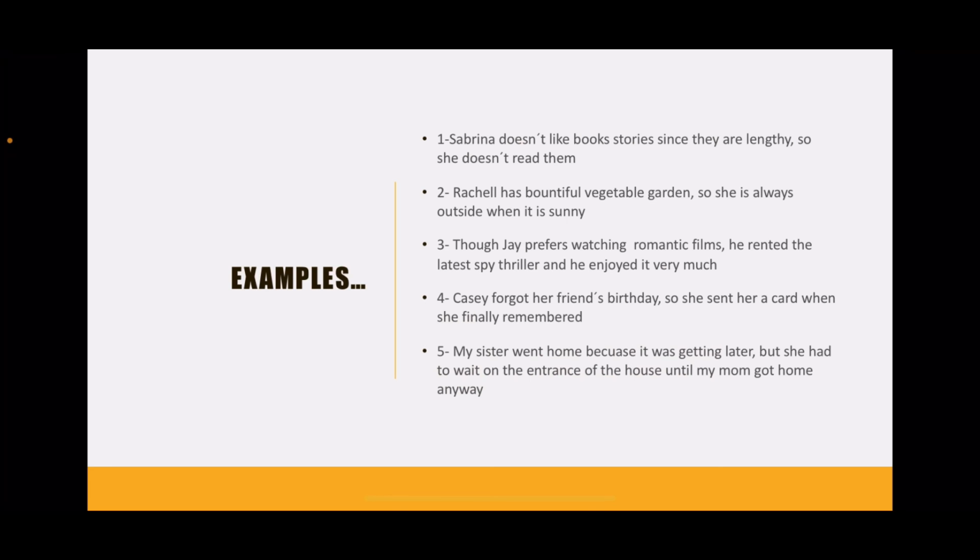And just like that, the fourth example says: Casey forgot her friend's birthday, so she sent her a card when she finally remembered. And the fifth one says: my sister went home because it was getting late, but she had to wait at the entrance of the house until my mom got home anyway.